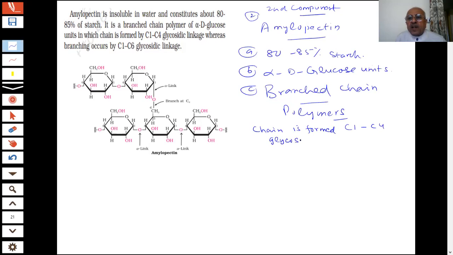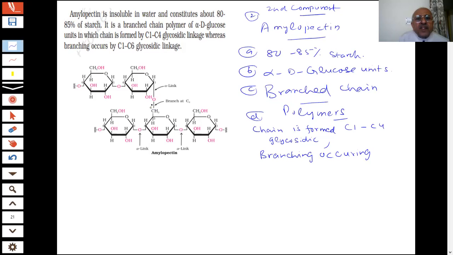This question will be asked in the paper. What is the linkage? C1 and C4 glycosidic linkage. But branching occurs at which carbon? You can see carbon 1 and carbon 6.